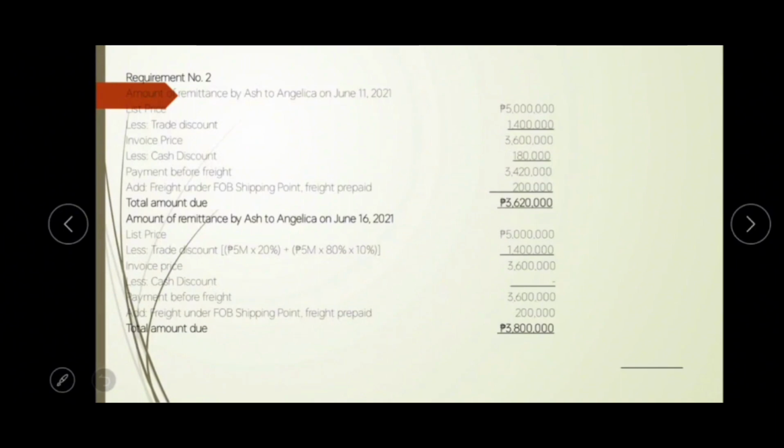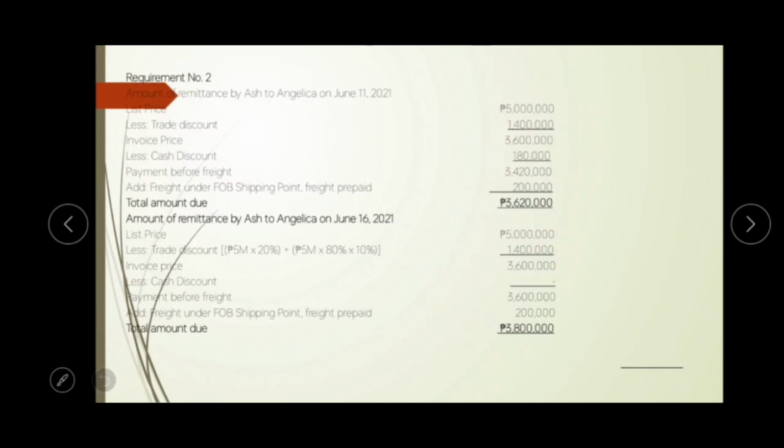Requirement number 2, if payments are made on June 11, 2021. So, list price, 5 million less trade discount of 1,400,000, equals invoice price of 3,600,000. Less the cash discount of 180,000. So it still qualifies for the cash discount, since it is within 10 days after the merchandise was sold on credit terms, less 5%.